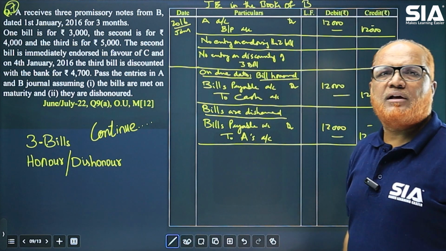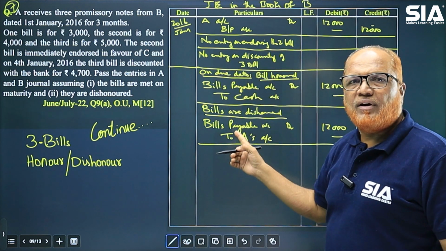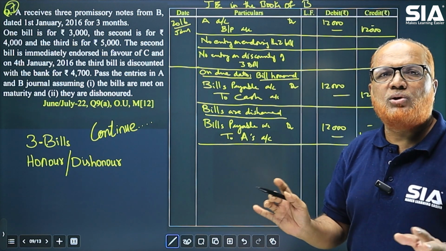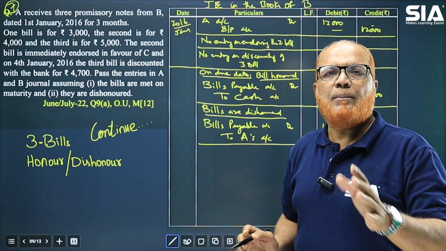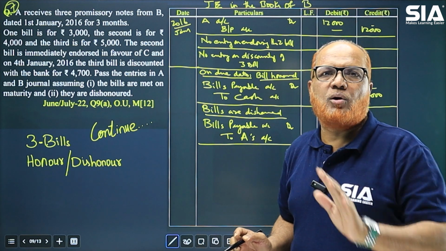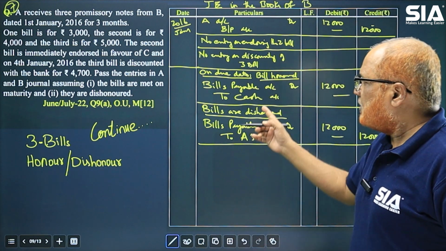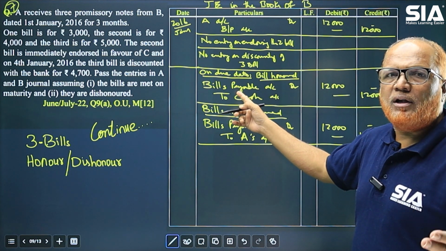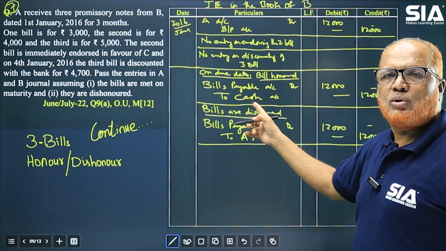Only one entry will come on honored and one entry will come on dishonored, because the drawee is not concerned about the discounting of the bill or endorsing of the bill. That's why. So here all the bills are taken together, 12,000 bill. If honored, bills payable account debit to cash account.